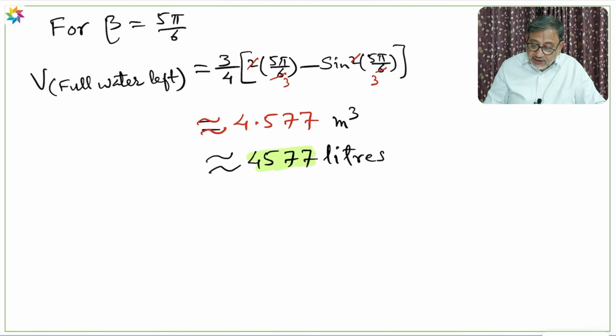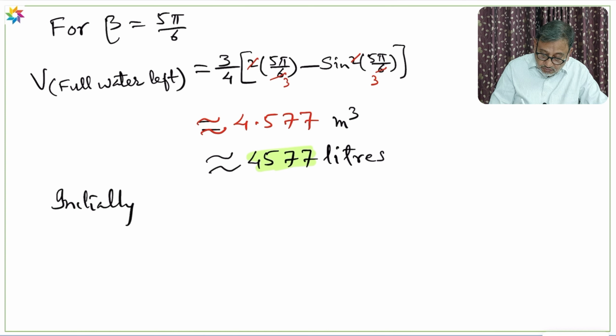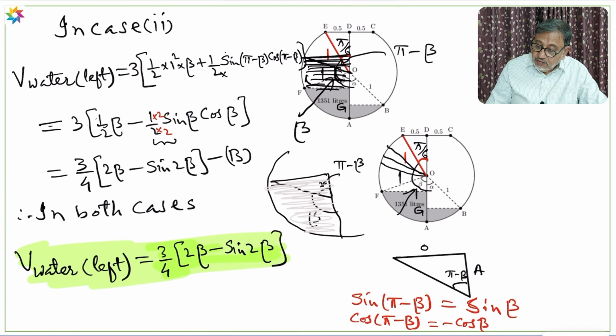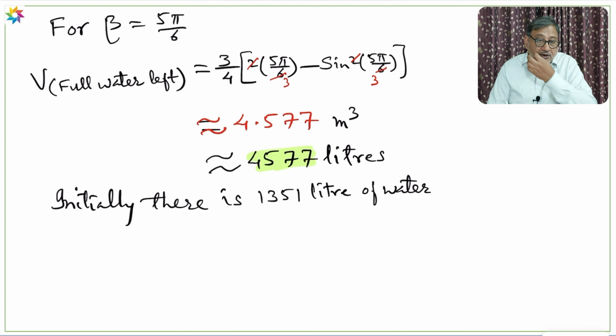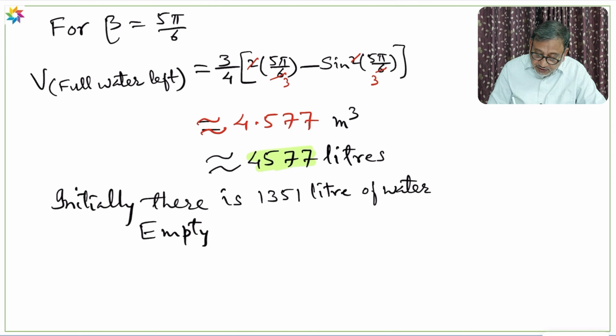So when we are filling the remaining space, initially there is, how much I said, 1351 liters of water. Therefore the remaining is the empty space, which we have to fill.